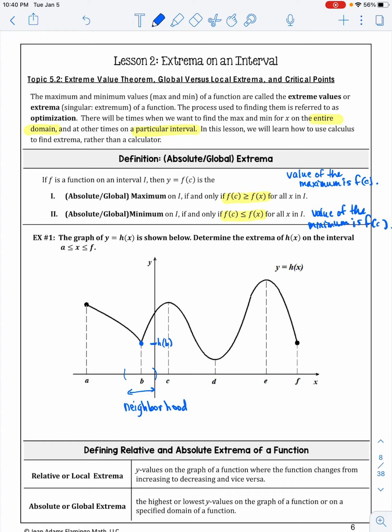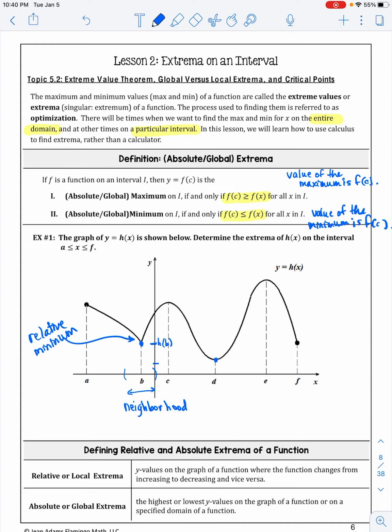This is considered in the neighborhood the smallest y value. So it is not the absolutely smallest, right? There's another one over here, but it's not really in this neighborhood. But so we're going to call this one a relative minimum, not an absolute. Okay, that one's going to be a relative minimum.